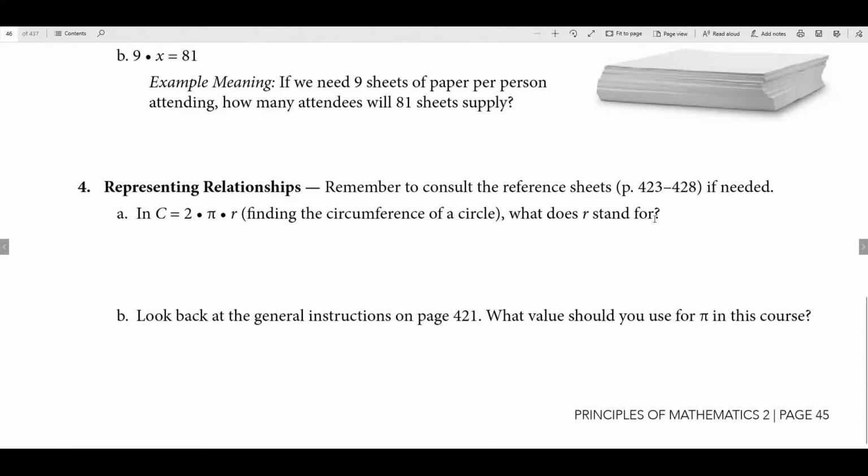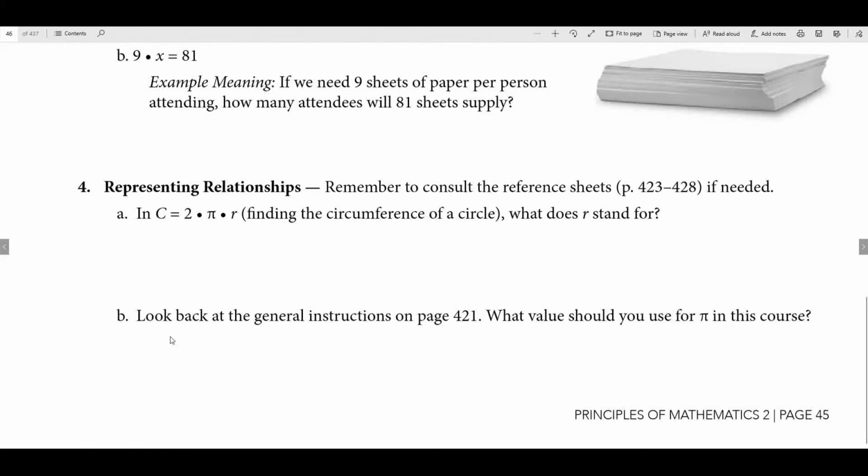What does r stand for? Radius. Remember, this stands for circumference equals 2 times this symbol, which stands for 3.14, times r, which stands for radius. So your answer on this one is radius.